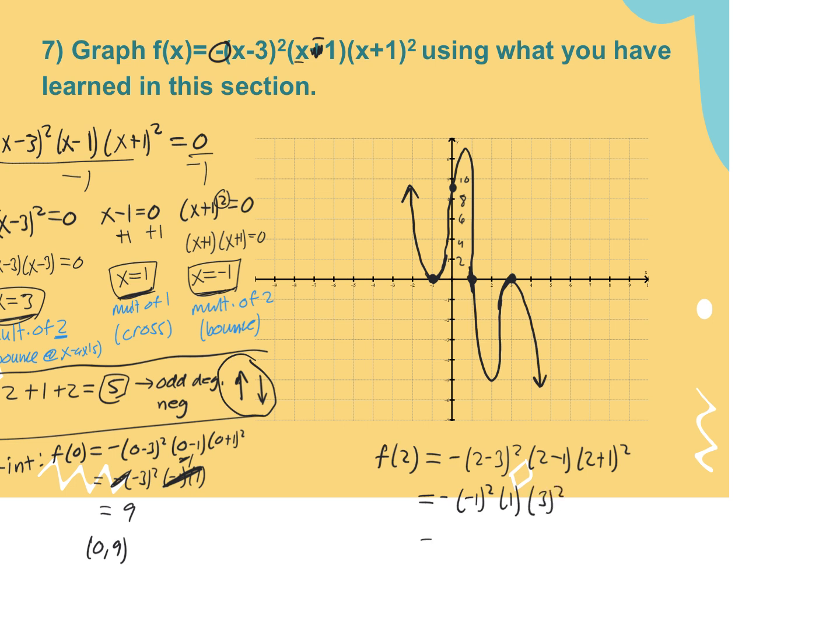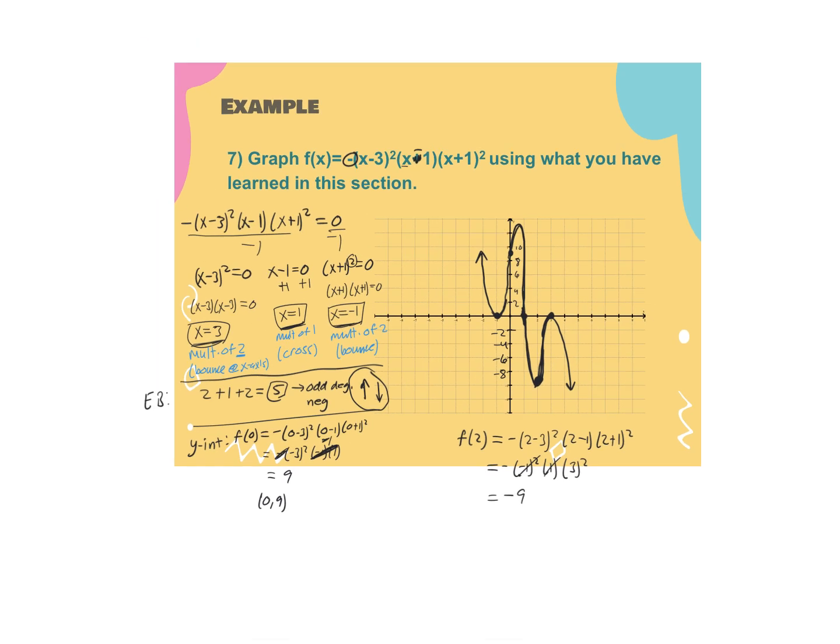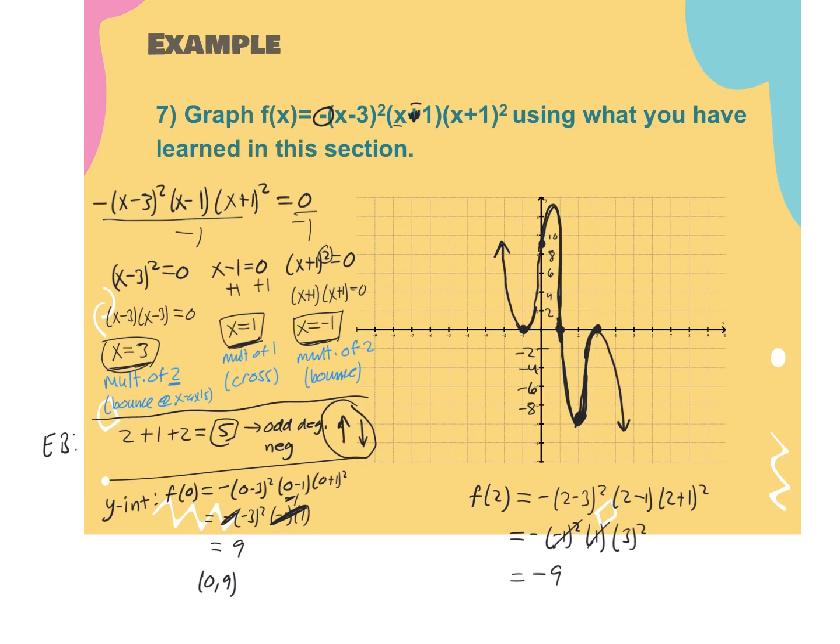And then those cancel out, and we get a negative 9. So it's actually not too bad. Negative 9, again I'm going by 2's: negative 2, negative 4, negative 6, negative 8, and negative 9 would be somewhere right there. So kind of close to what I originally put. So it's probably going to look something like that, and then probably go back down at some point right there. But that's the rough sketch of our graph.